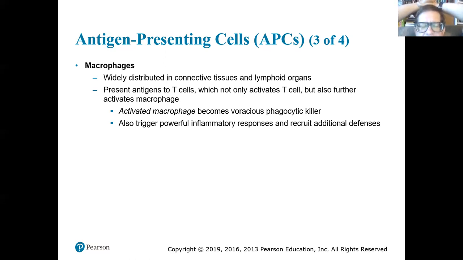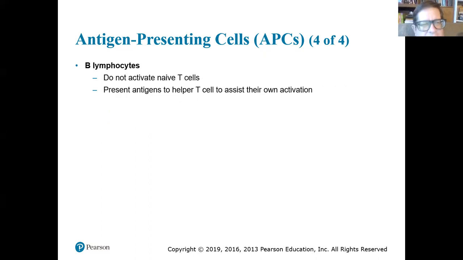It becomes, in the words of the textbook here, a voracious phagocytic killer. And it also triggers powerful immune responses and lets you recruit additional defenses. I wish they itemized them there, but anyway, we'll assume that's coming up.